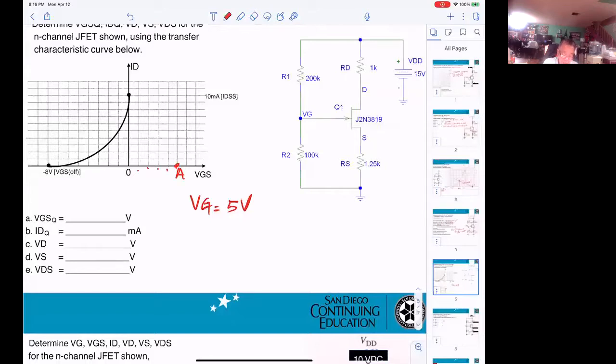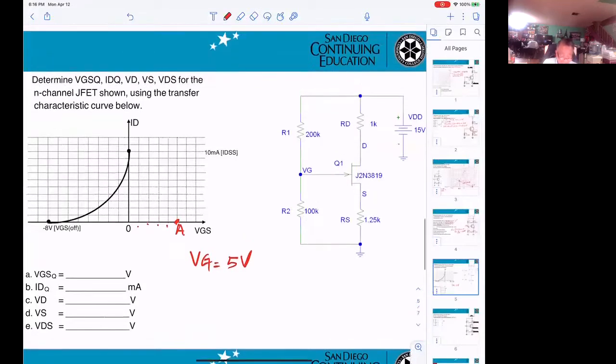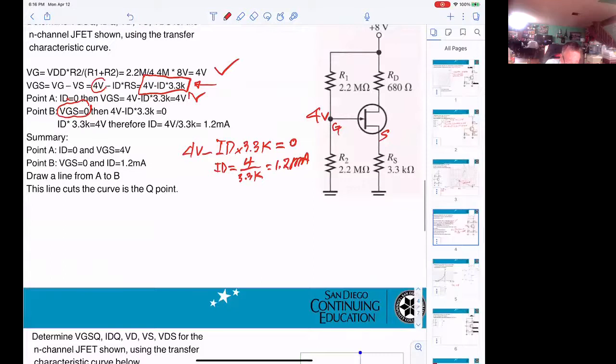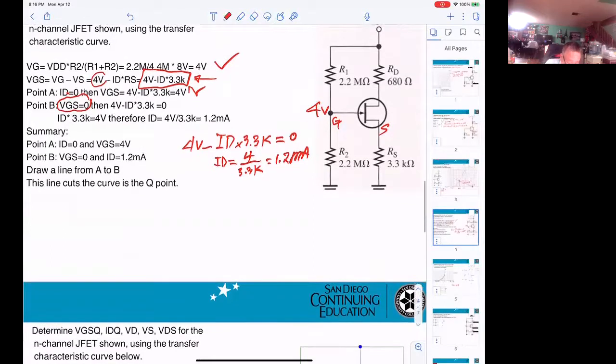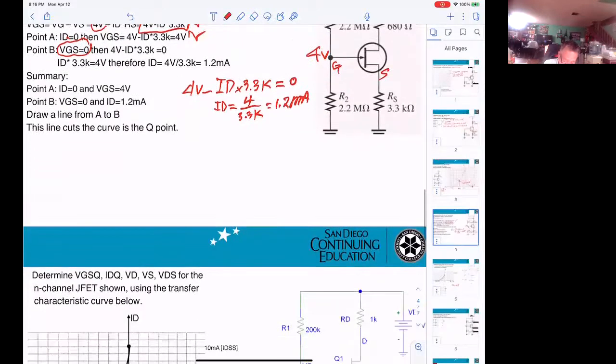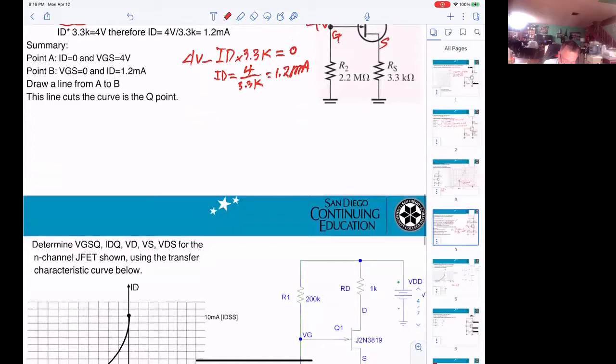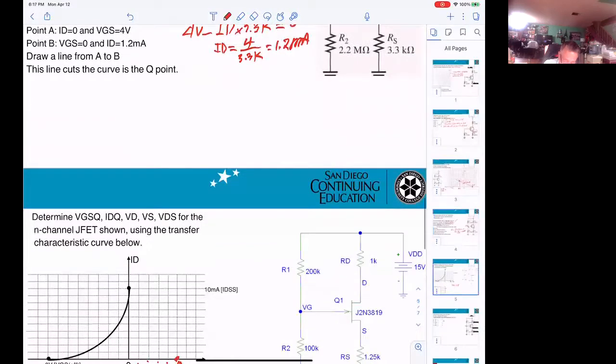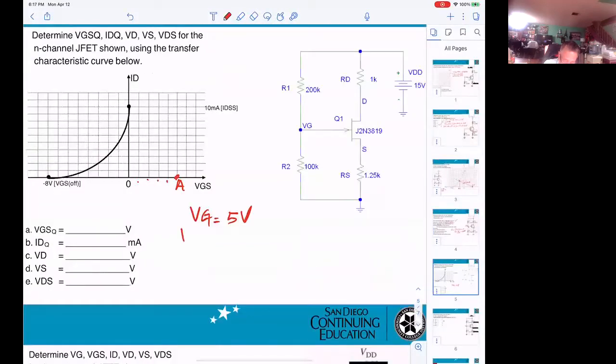And now, if you want point B, then you have to remember the formula. Okay? VGS equals VG minus VS. VG is 5.